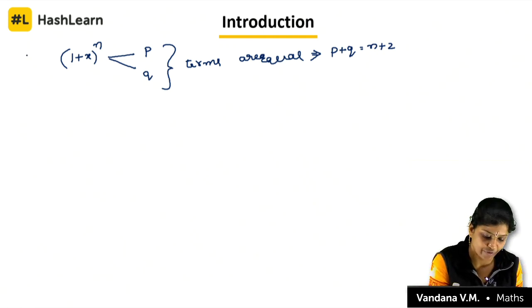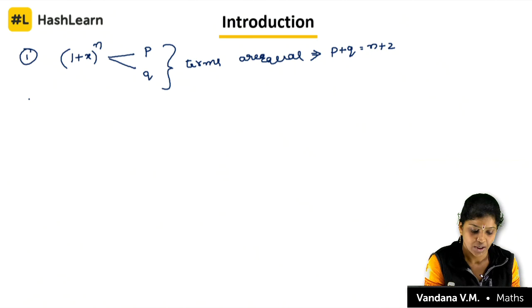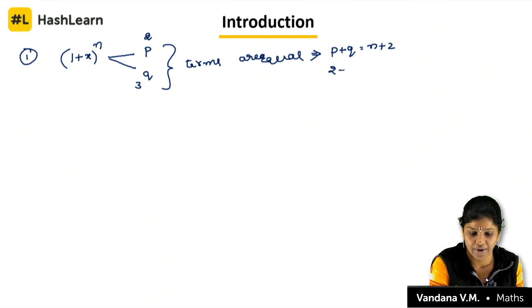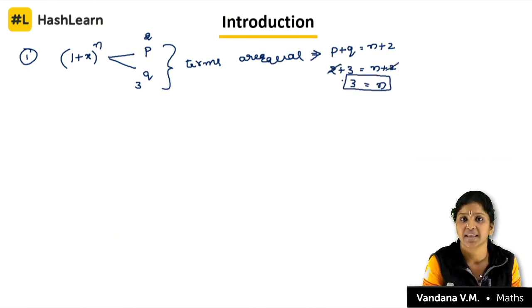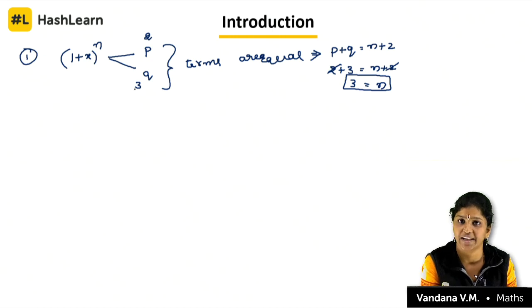This is the shortcut for finding the n value. Suppose the second term and third term are equal, then 2 + 3 = n + 2, so n is 3. This is the way of finding the n value.